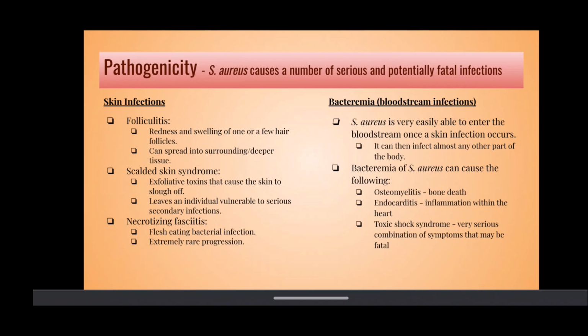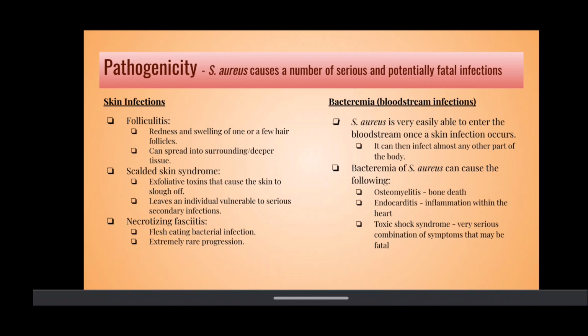It is pathogenic and can cause a number of serious and potentially fatal infections. Starting with skin infections, we have folliculitis, which is redness and swelling around one or a few different hair follicles, which can then spread into surrounding tissue or can spread deeper into different layers of the skin and into the muscle.